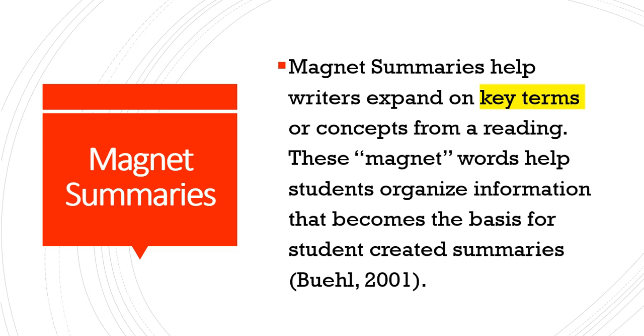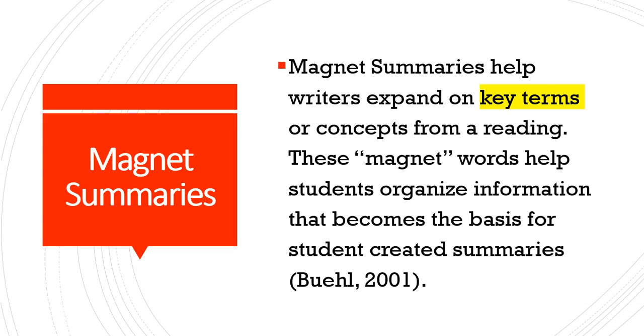Then that makes it a magnet sandwich. There's a key term at the center, and then there are related words, and then after that, write about those words and the key term. So connect them. Therefore, that is a magnet summary.